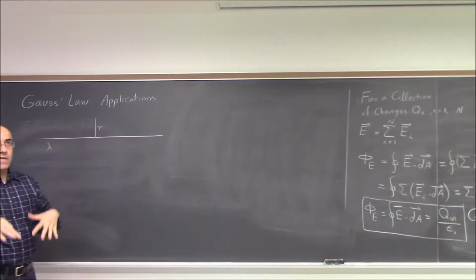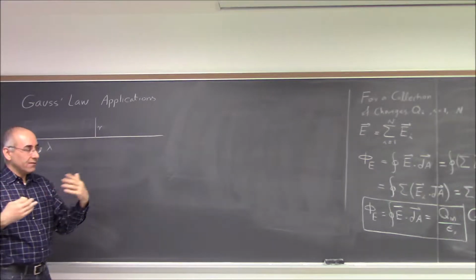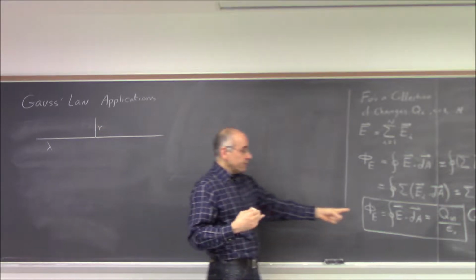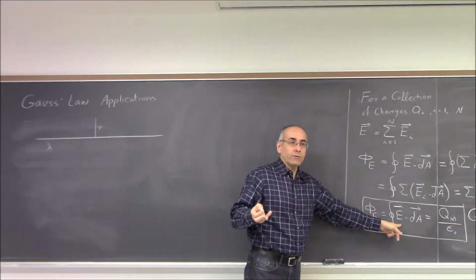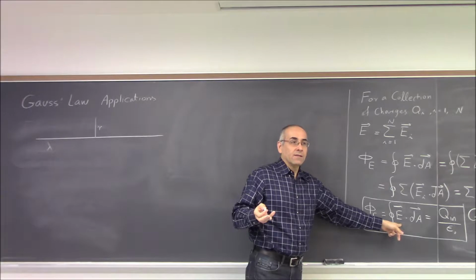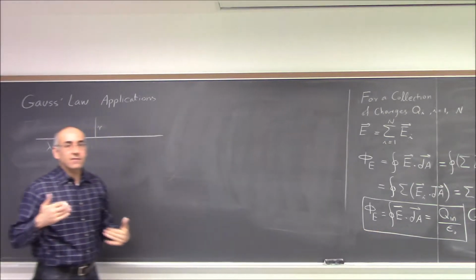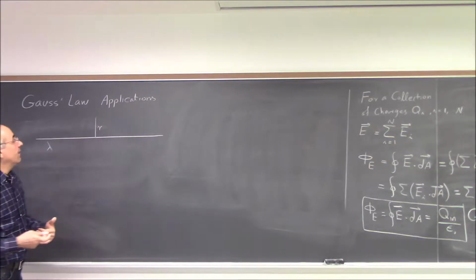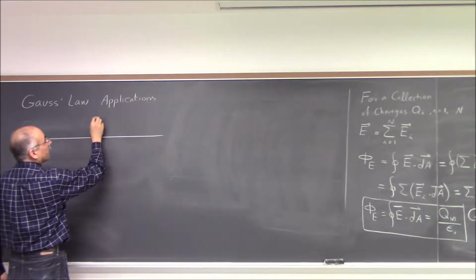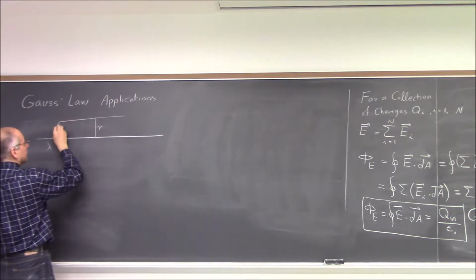And we want to make a surface that simplifies the integral. So what kind of surface would you take so that the E dot dA is easy to calculate? I would take a cylinder.